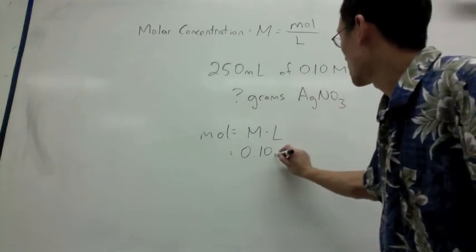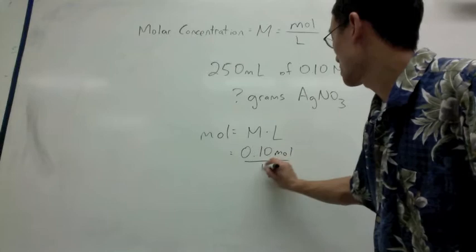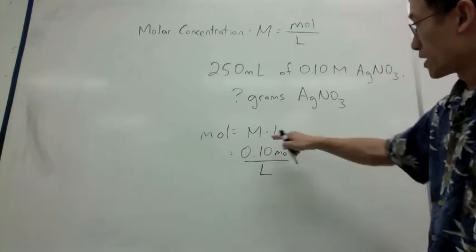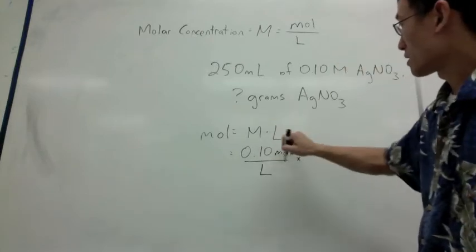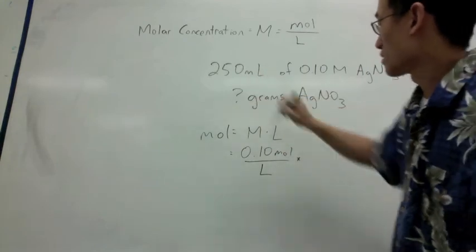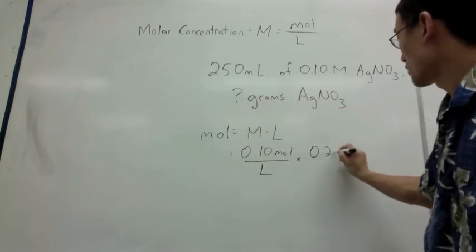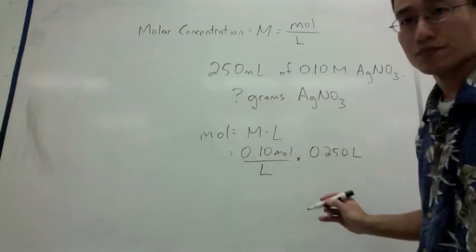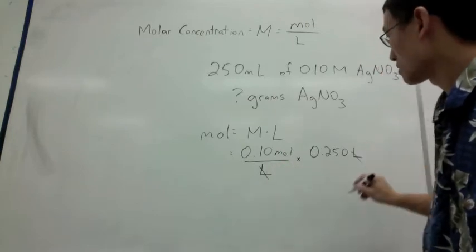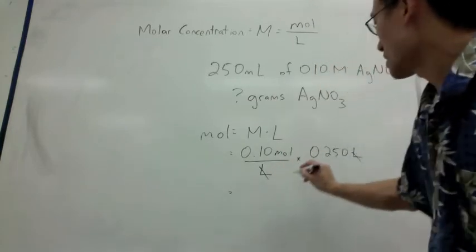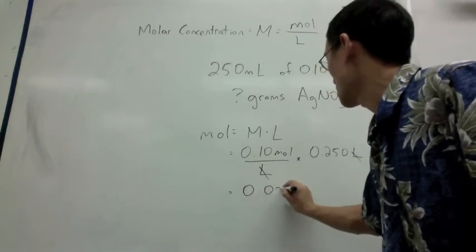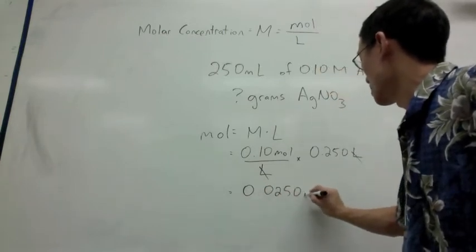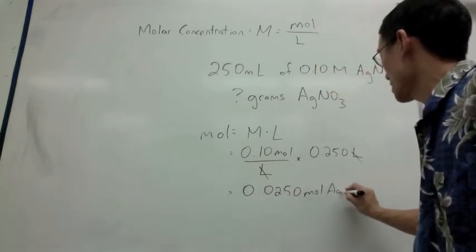So this is 0.10 moles per liter, and then I can multiply that by the volume, which is 250 milliliters, or 0.25 liters. And now I can see how the liters cancel out, and that gives me 0.025 moles of silver nitrate.